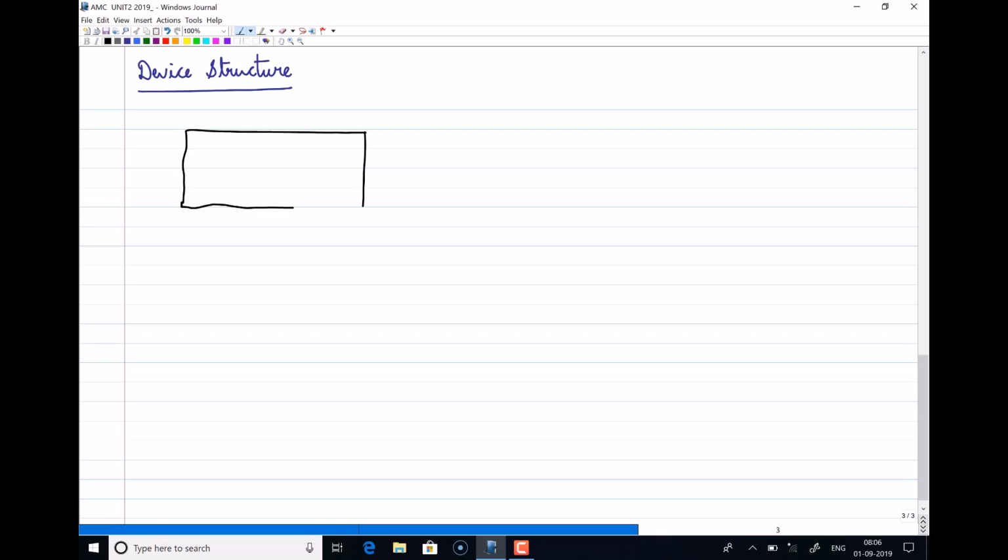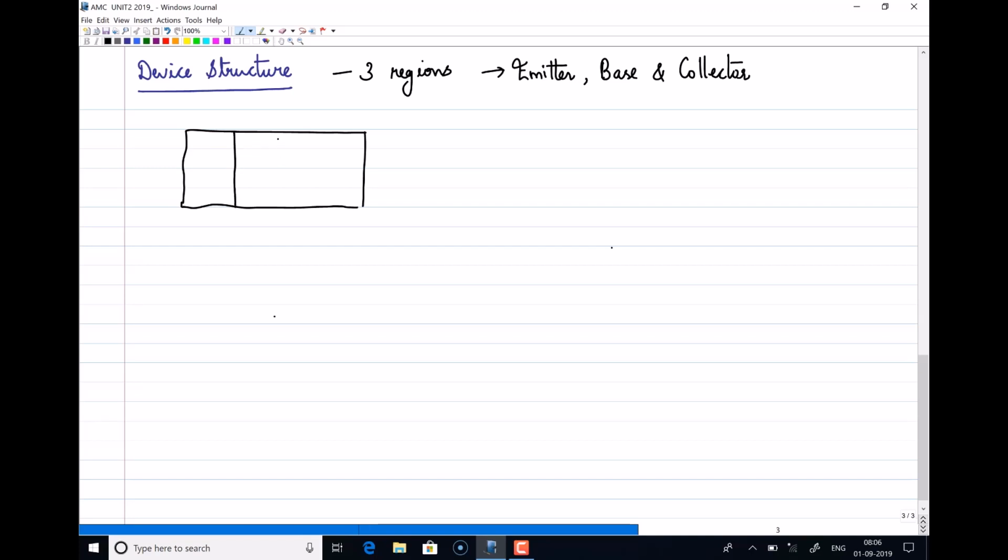We can represent the structure of a BJT with three regions. The three regions are named emitter, base, and collector.